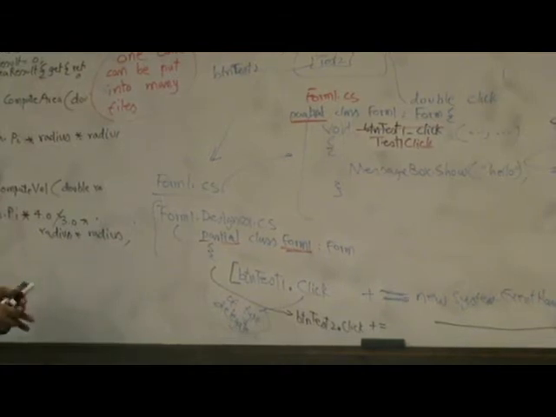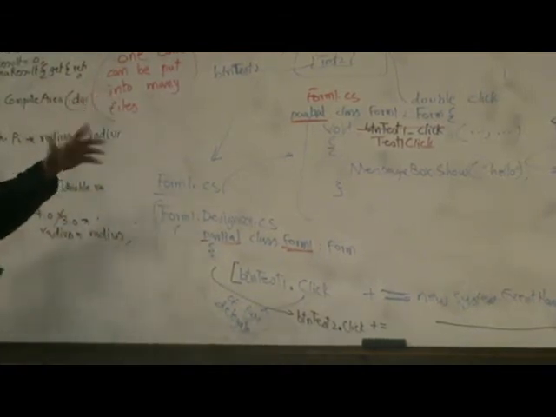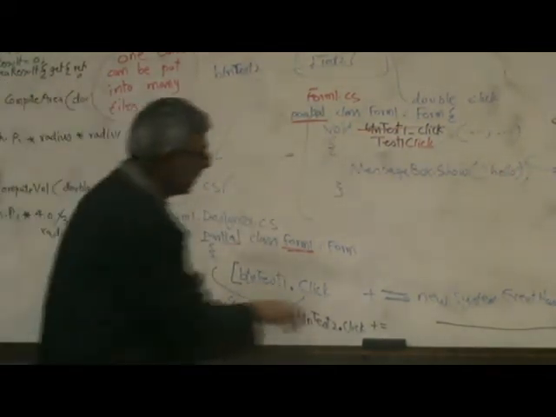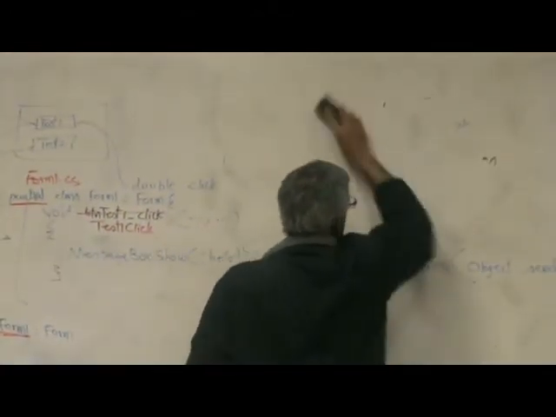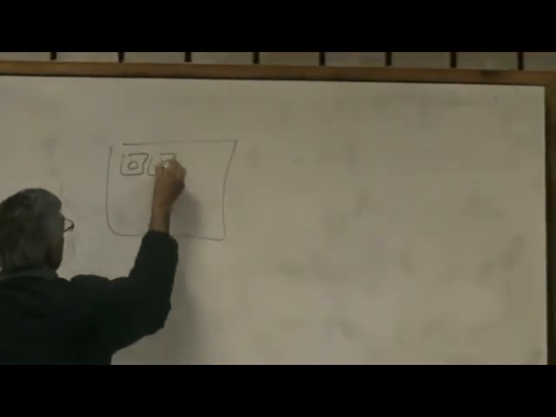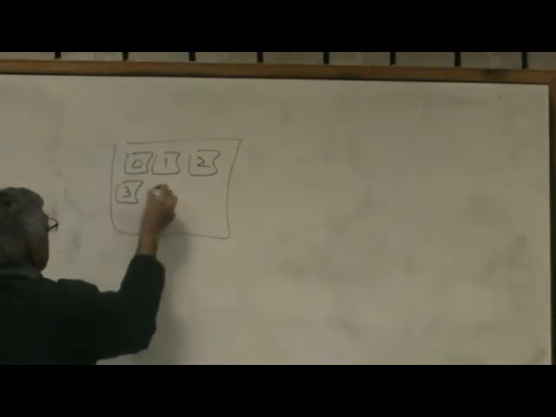Now, at this point in time, you may not see what's the point of having two different buttons call the same handler, okay? See, when we create user interfaces, let's say you created a user interface where you have 0, 1, 2, 3, and so on, right?